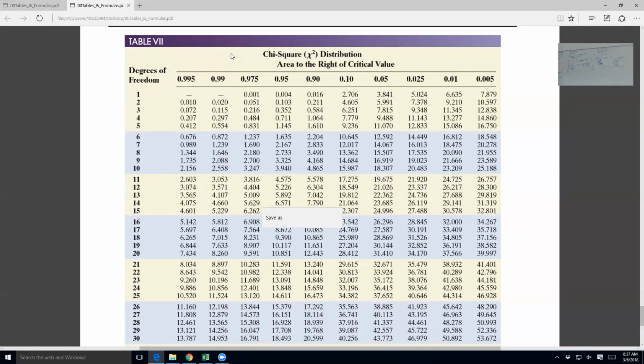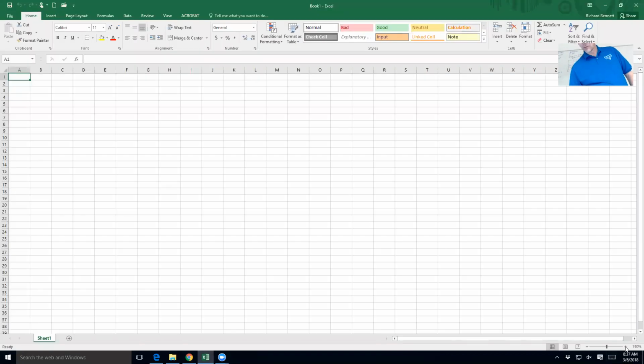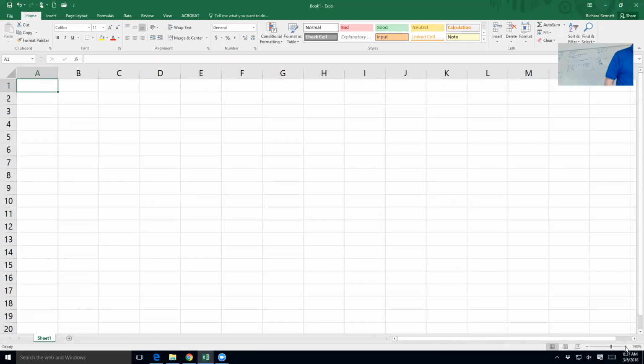All right, so let's do an example. Let's say that I want to find a 90% confidence interval for the population standard deviation for a 3-year-old Chevy Corvette.